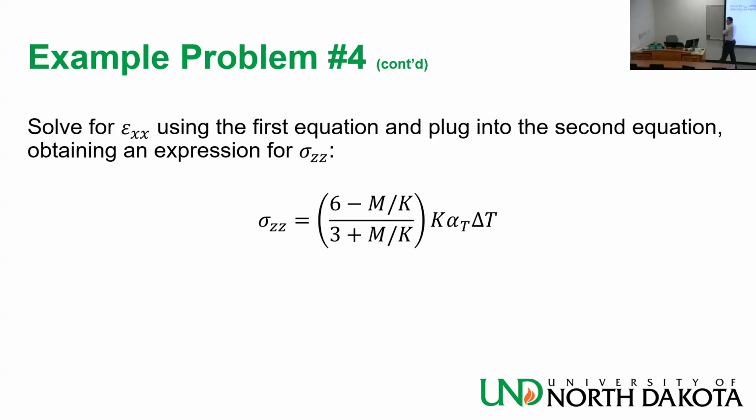You have stress only in one direction. You have strain in two directions. Yeah, you have stress in one direction, and strain in the other two, but in this case they are equal strain. So you have isotropic as well. It's an isotropic plane stress problem.